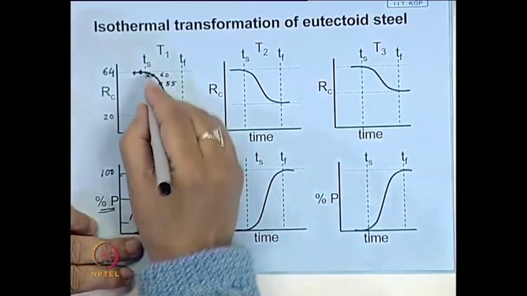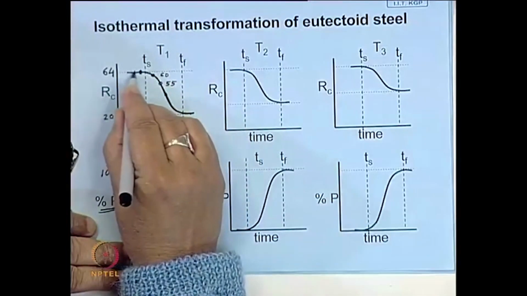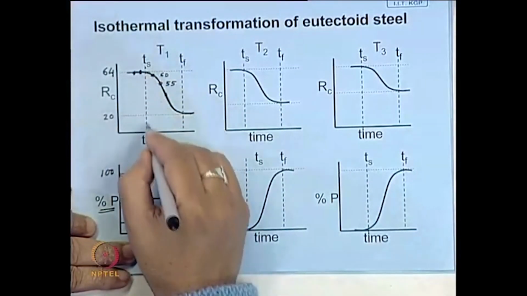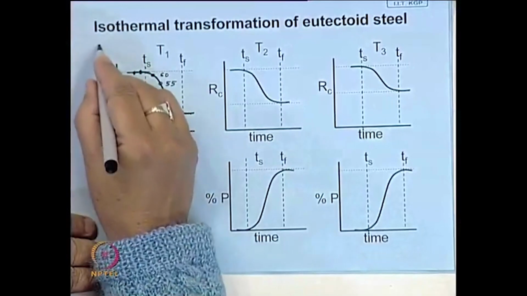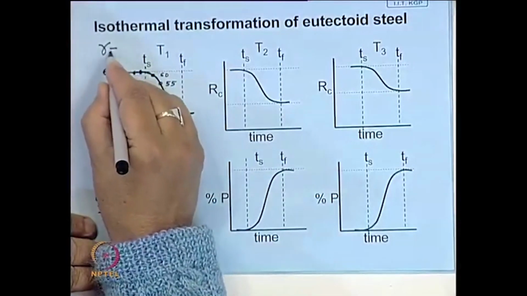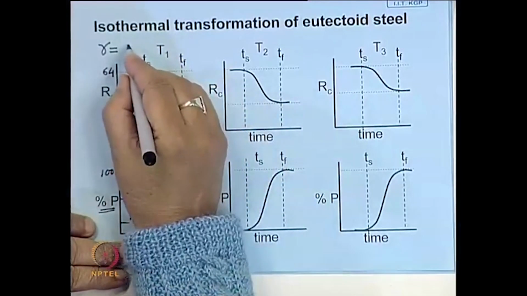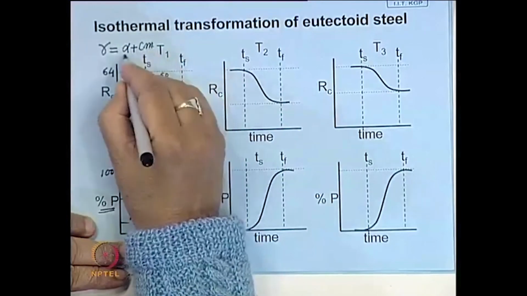Then from here, you try to find out where it starts deviating from this peak value. Then we say that this is where the main transformation begins, austenite decomposing into pearlite.